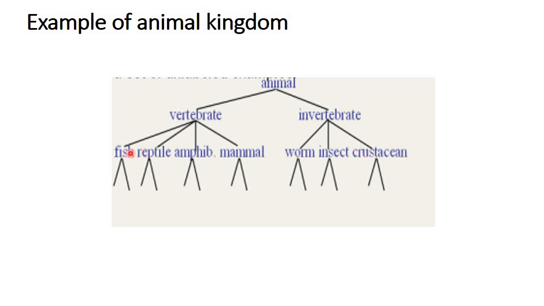Now, all fishes, reptiles, amphibians, and mammals have some common characteristics, and that's why they form the vertebrate cluster. And all worms, insects, and crustaceans have common characteristics, and that's why they form the invertebrate cluster. Both of these form a common cluster, which is called the animal cluster. So you may find many such examples wherein you can form subclusters, and from that cluster you can once again combine with some other cluster in order to get the main cluster.